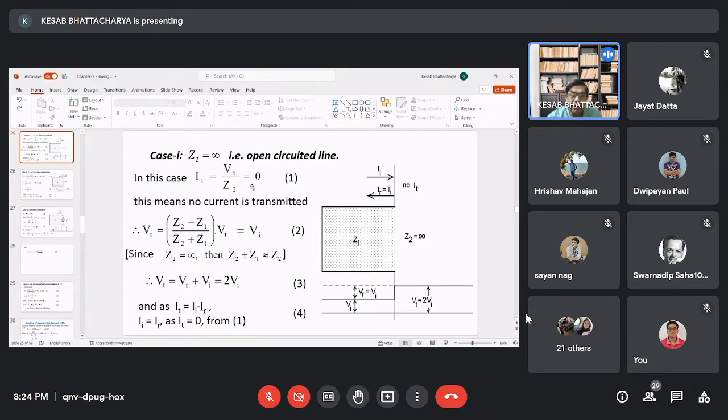In that case, what will happen? IT is equal to 0, Vt by Z2, that is equal to 0. This means no current is transmitted.